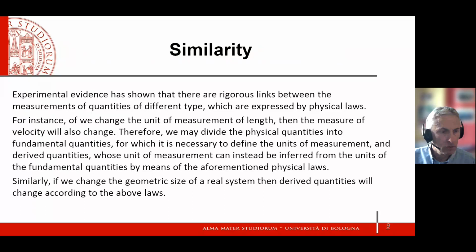So how the measure of velocity will change. To understand how velocity changes after a change in the unit of distance, we may apply the physical law that allows us to derive velocity.